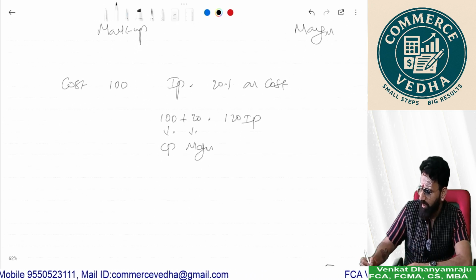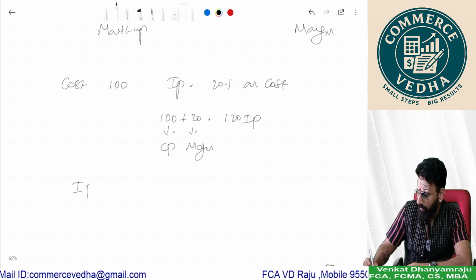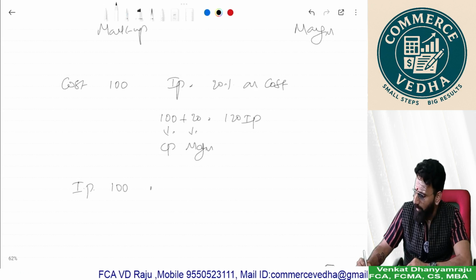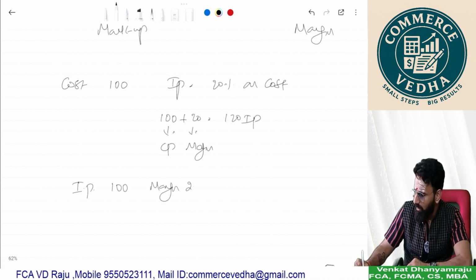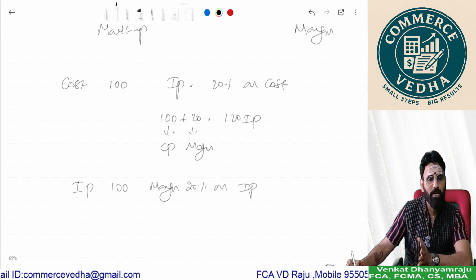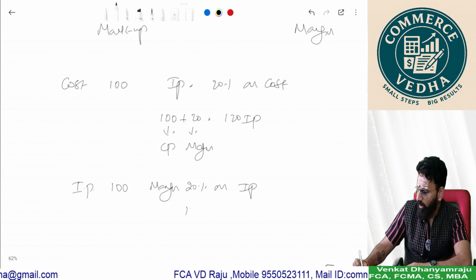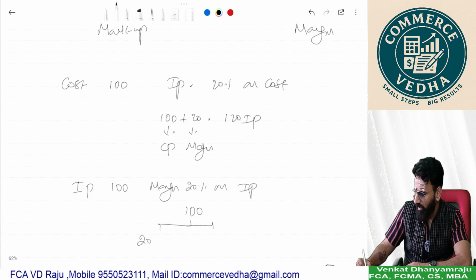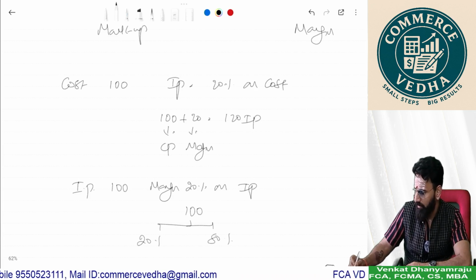Sometimes the question may say invoice price 100 and it says margin 20% on invoice price directly given. Now if the invoice price is 100, it has two elements, margin 20%, cost 80%.